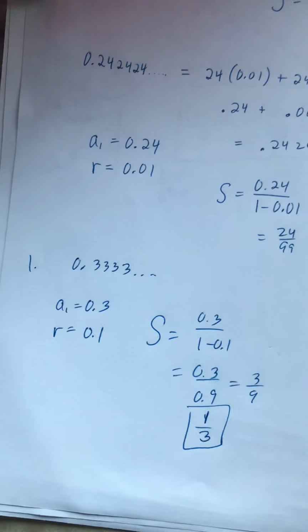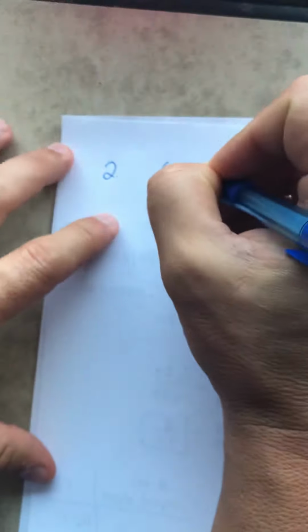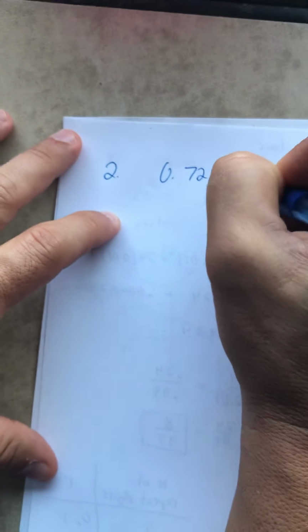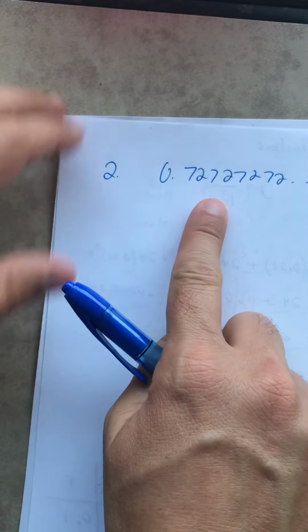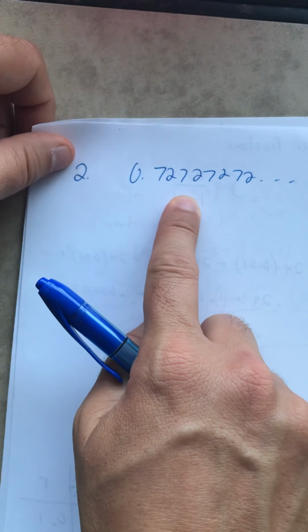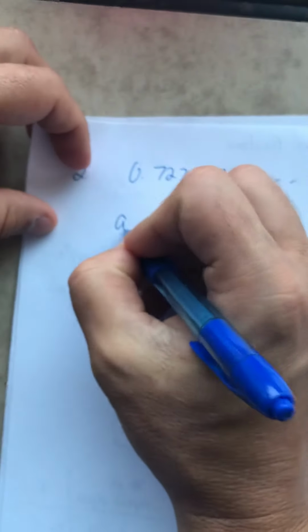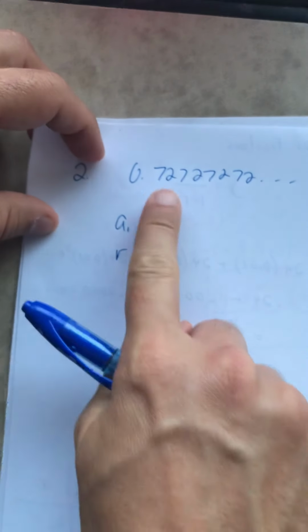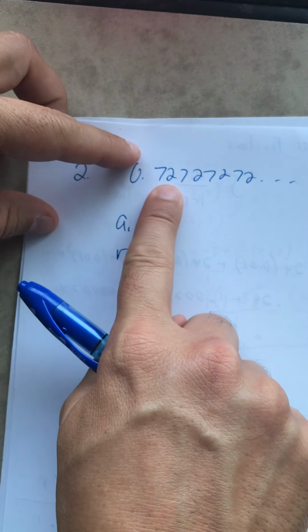All right, let's do one more example. So I want to figure out 0.72727272... I want to know what this repeating decimal is as a fraction. So I need to know a1 and r. a1 is the first two digits before the repeating starts.